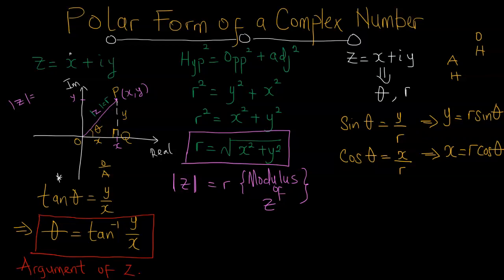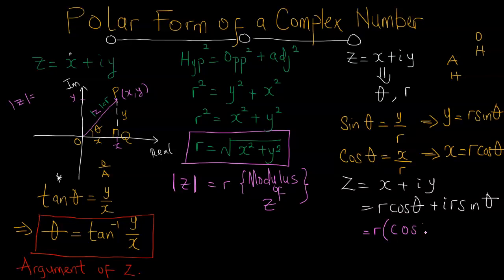And already we know that the complex number z in rectangular form is x plus iy, and x is r cos theta, so this is r cos theta, plus y is r sine theta, so this becomes i r sine theta. And since r is common, I'm just going to factor that out. So I would have r brackets cos theta plus i sine theta.